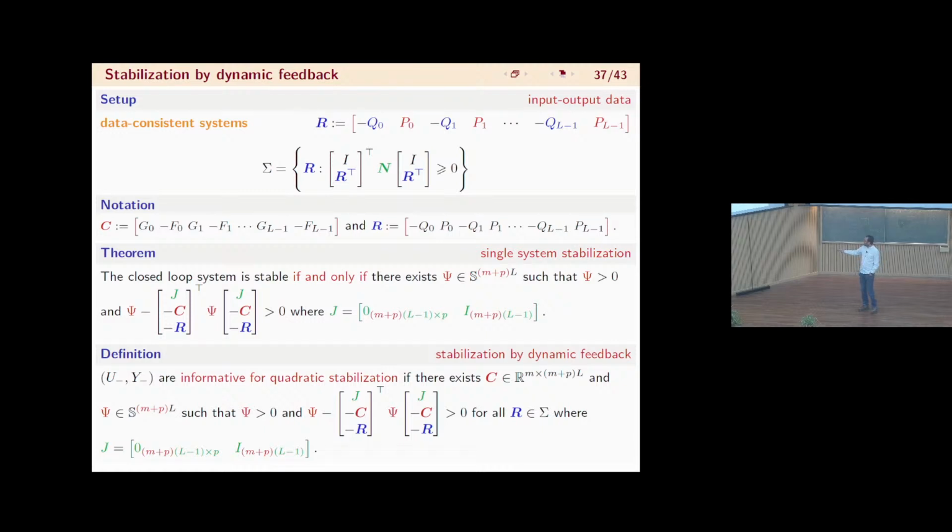And J is this constant matrix. And this is the analog of what we defined in state space case, but written for AR case, autoregressive case, and nothing more. Again, we require systems to be stable with a common quadratic Lyapunov function. Okay?